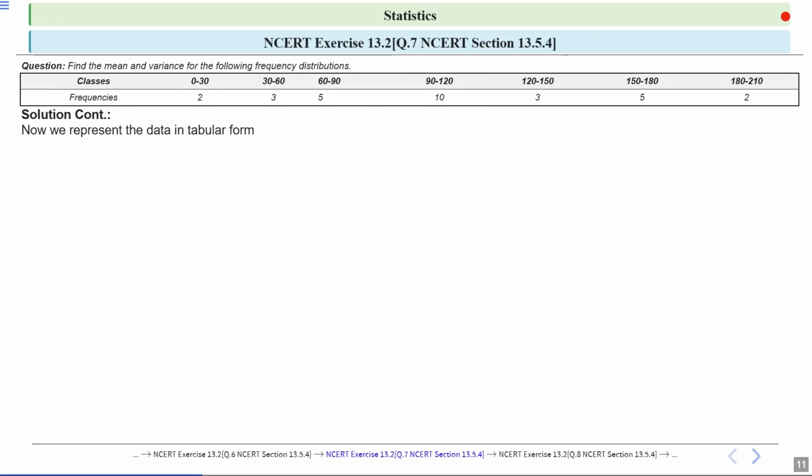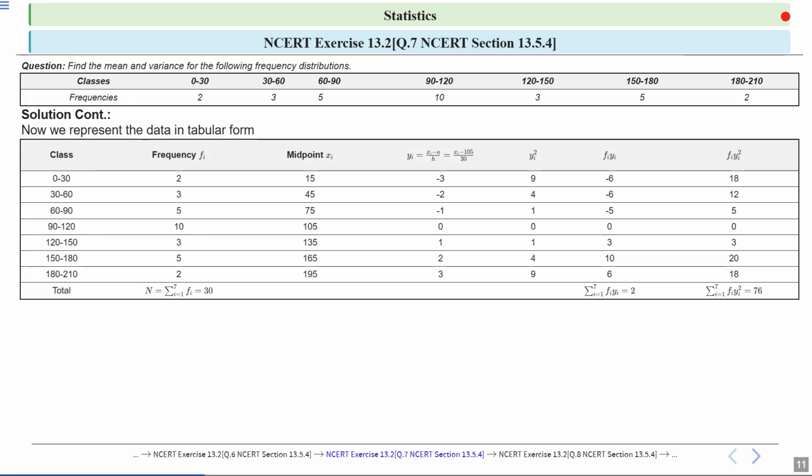Now, let's represent the data in tabular form. This is our table. In this table, we added columns: midpoint xi, yi equal to xi minus A divided by h, yi square, fi times yi, and fi times yi square.